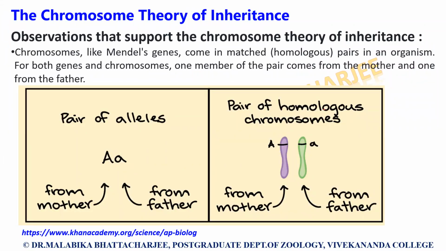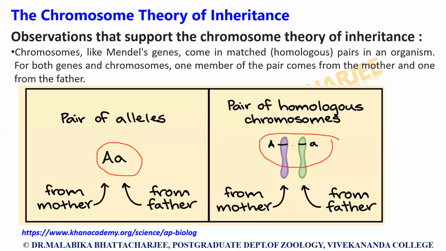Now, coming to the chromosomal theory of inheritance, what were the observations that supported it? From Mendel, we know that alleles exist in pairs. The position where they sit is the locus. One allele is obtained from the mother, the other from the father. This is the picture of a pair of homologous chromosomes. The position where both alleles are sitting is known as locus.